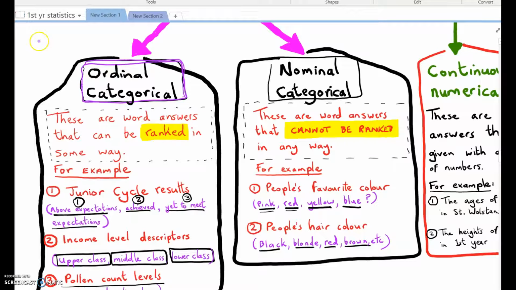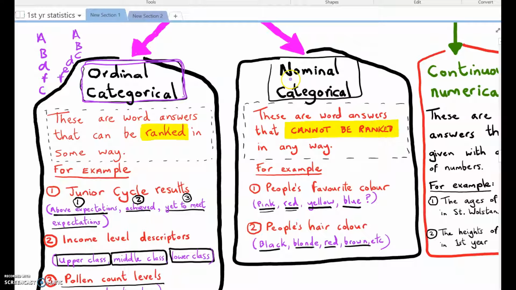So another example would be test results like A, B, D, F, C. Which comes first? A. Then what? B. Then what? C. Then what? D, E, F. Those word answers can be ranked.